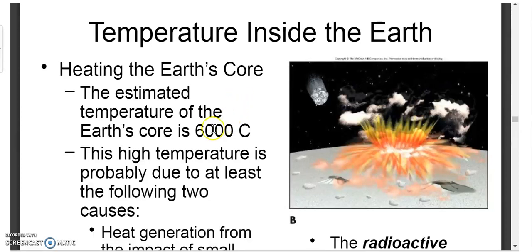All right. Using thermodynamic considerations, no one's actually measured this directly, the interior of the Earth, right at the core, is roughly 6,000 Celsius, roughly close to about 10,000 Fahrenheit.